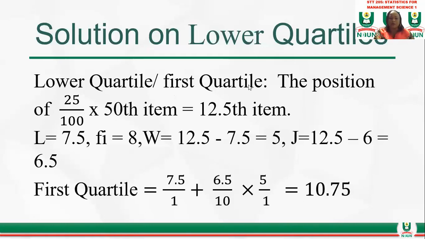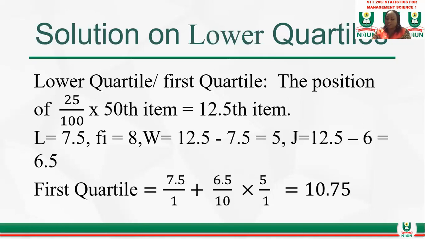Look at what I have on my slide. I have for the lower quartile or first quartile, the position of 25 over 100 times 58 to give you the 12.5 item. It's at that particular point that you can trace the class interval. We look at the lower class boundary of that class interval.